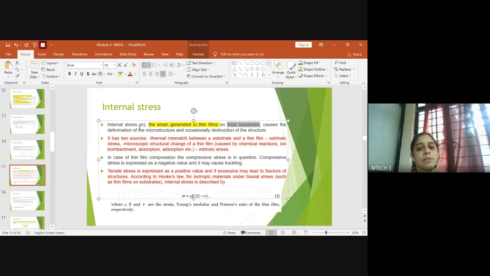Internal stresses basically help in measuring the strain generated in either thin films or thick substrates. When this strain is generated, deformation comes into the picture, right? So when the strain has been induced, it results in the formation of deformation.